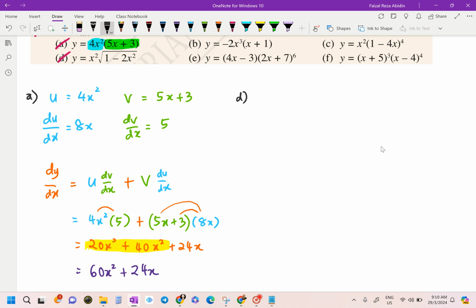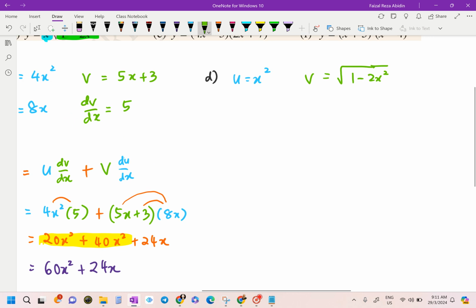For 1D, no problem. I'm going to do it again, this one is going to be for our x, and this one is going to be for our x plus our u. Sorry, u here is going to be x squared, and v here you are going to get the square root of 1 over 2x squared.